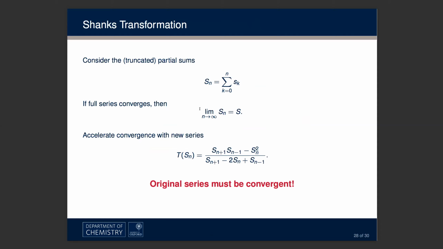And if this series converges, then we know that as n goes to infinity, the partial sum goes to the exact energy. So there's a simple transformation we can make where we take adjacent terms to develop a new series. And this new series should, in certain instances, converge faster to the exact limit. But importantly, the original series must be convergent for this to work.